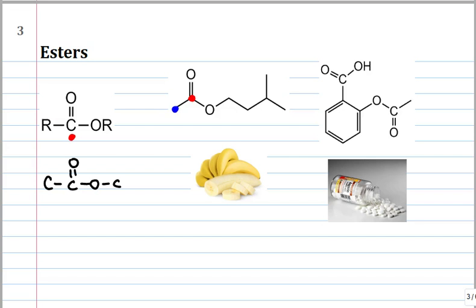Oh, there's an O. There we go. It's C, carbonyl, and then that's an oxygen, and then there's another C. Ladies and gentlemen, this is our arrangement for an ester.